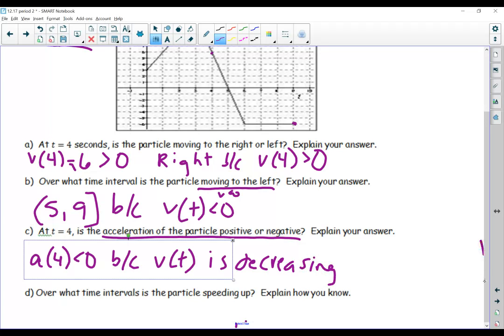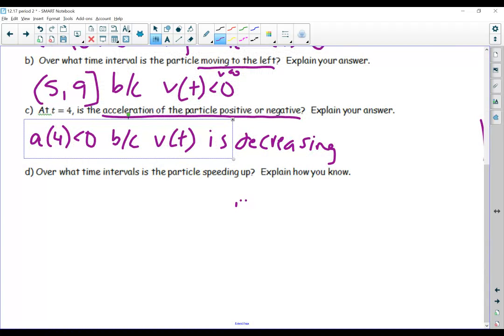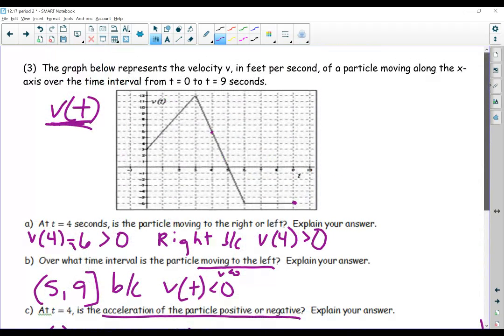Over what time interval is the particle speeding up? Now, for speeding up and slowing down, we have to look at when velocity and acceleration have the same sign. So when is the velocity graph basically moving away from the x-axis?